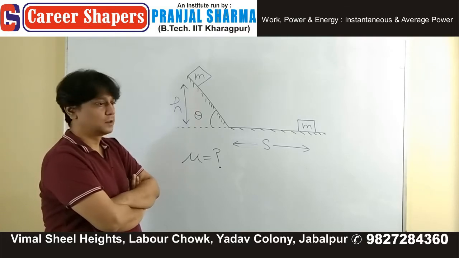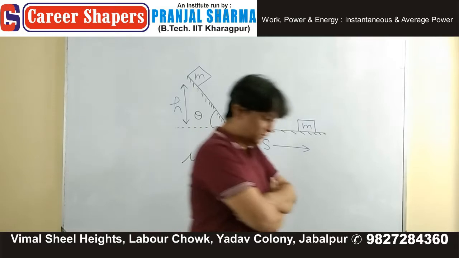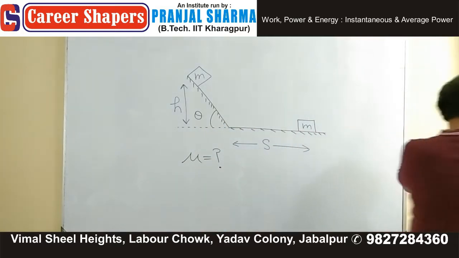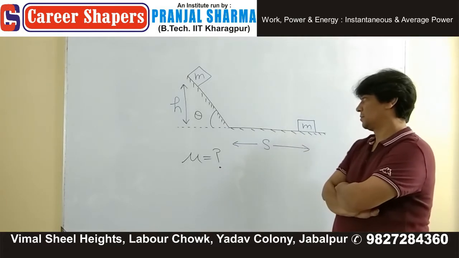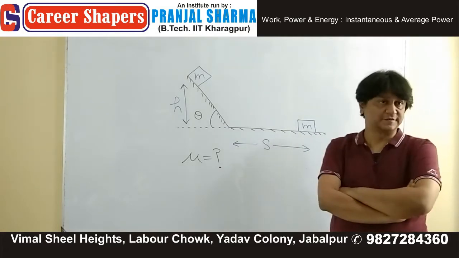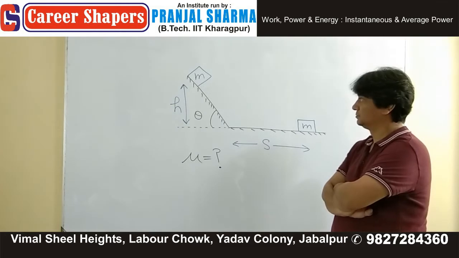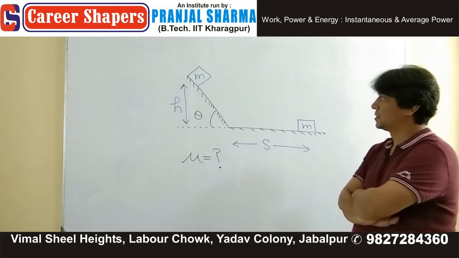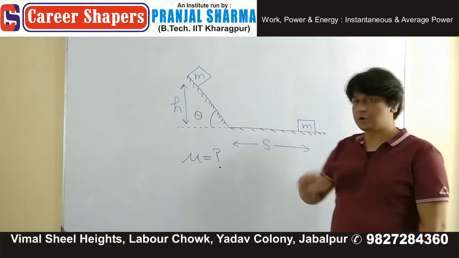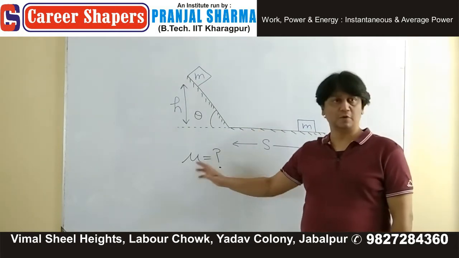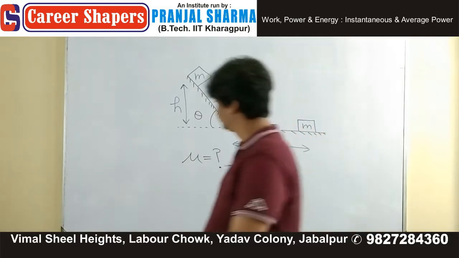Find out the coefficient of friction for the rough surface. Remember, for both incline and the horizontal part, your coefficient of friction is mu, and mu is the same.